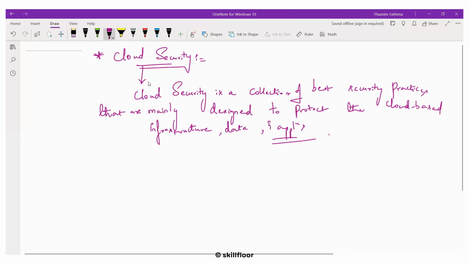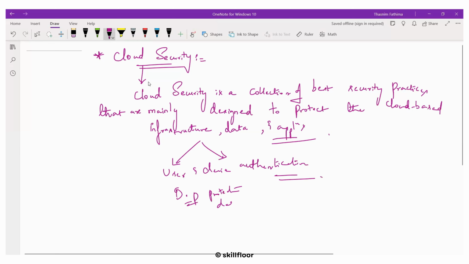These security measures ensure two things: user and device authentication, and also data privacy protection, and data access.